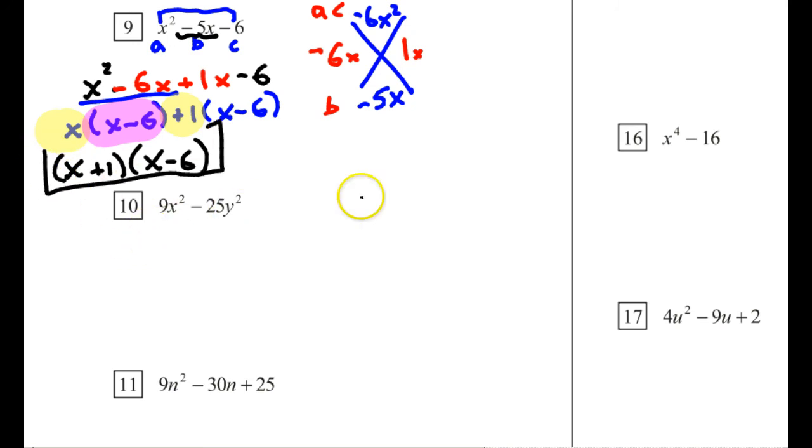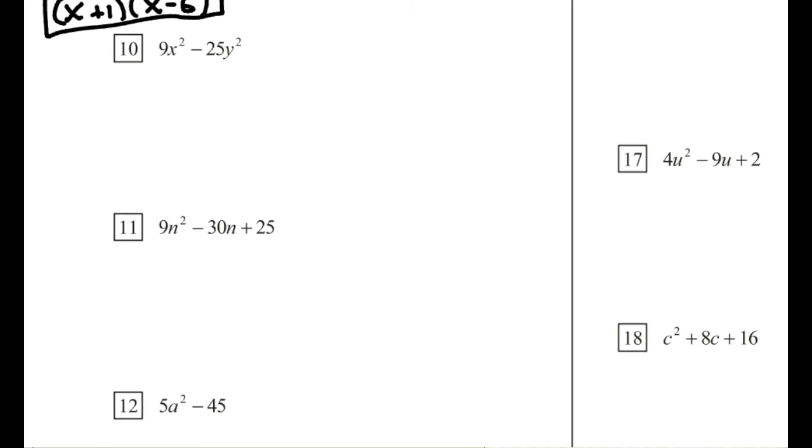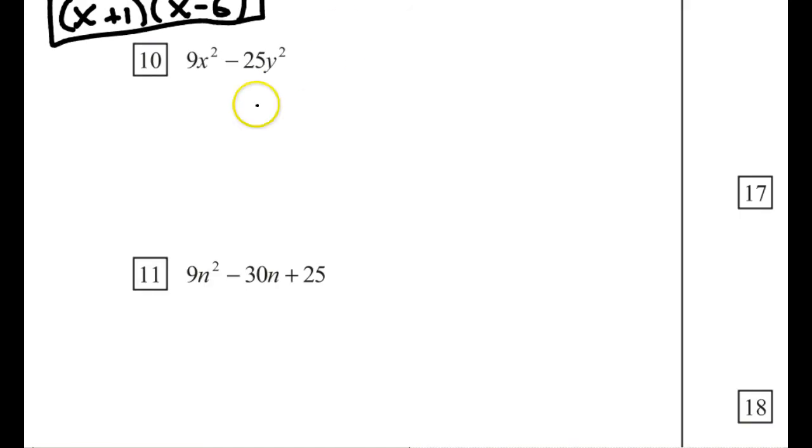All right, number 10. No GCF, nothing goes into 925, no common variable. So check and see, two terms, check for difference of squares. We have a 925, that kind of gives it away. So this can be written as 3x squared minus 5y squared, both perfect squares.